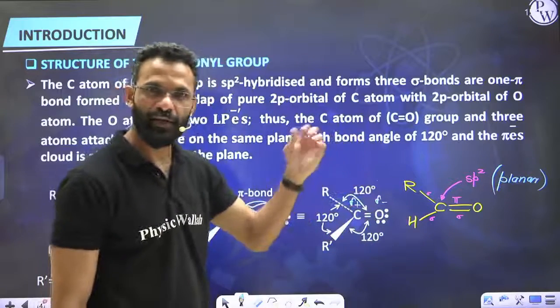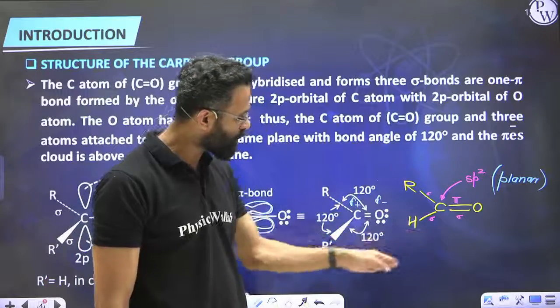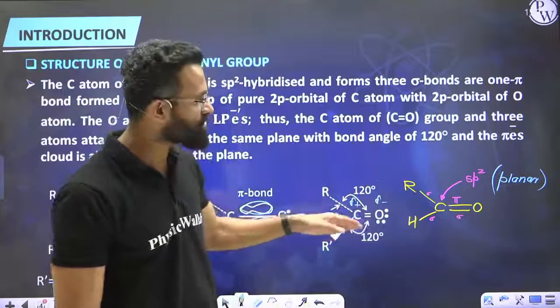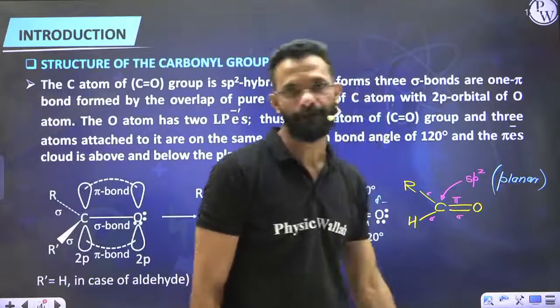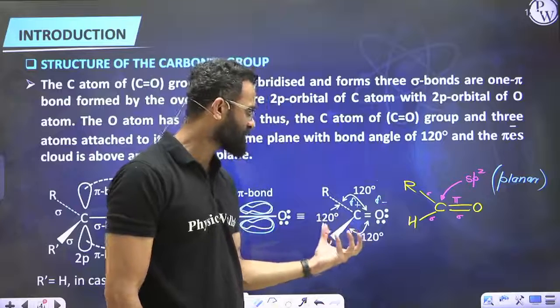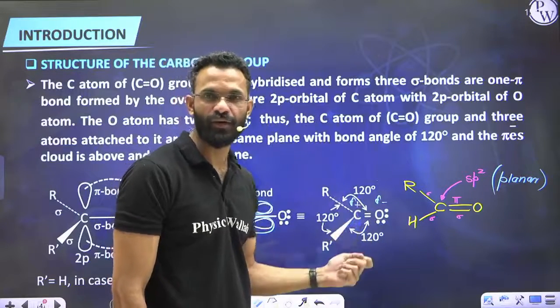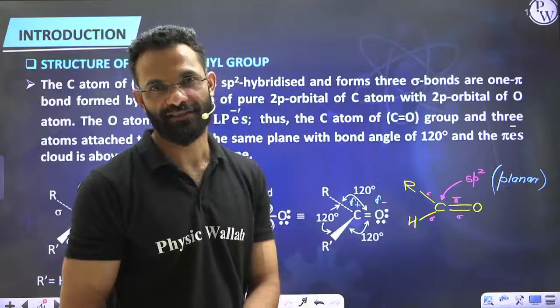So the incoming nucleophile can attack this deficient carbon either from above the plane or from below the plane, because the molecule is planar. So that's how the structural features of carbonyl compounds tell us that aldehydes and ketones can undergo nucleophilic addition reactions.